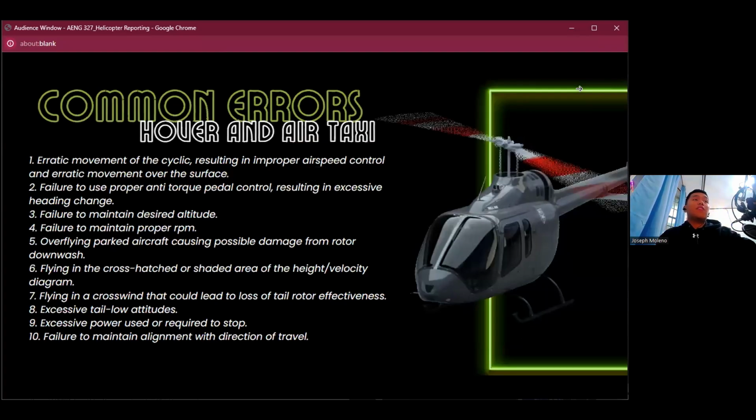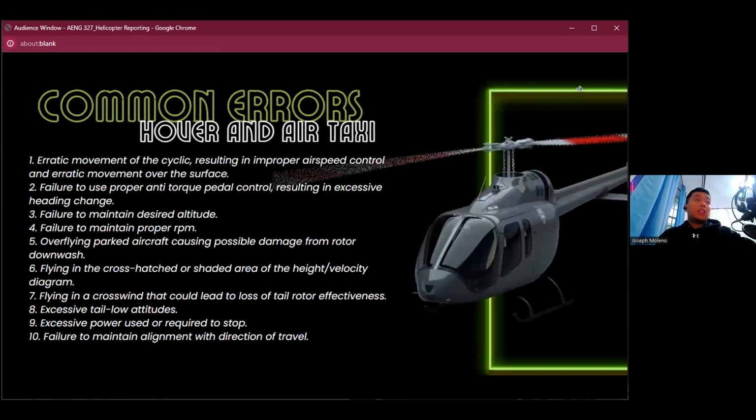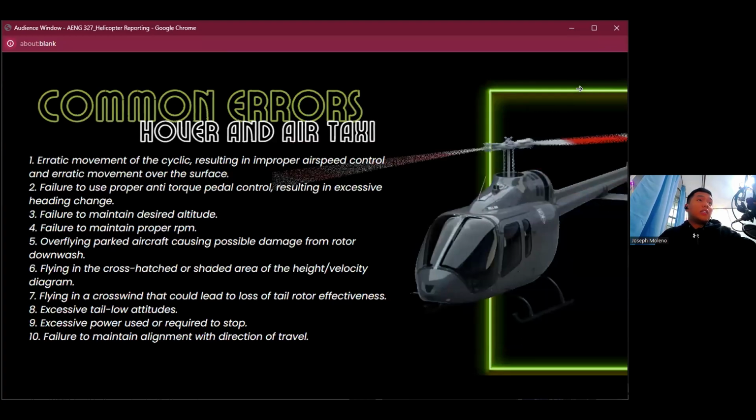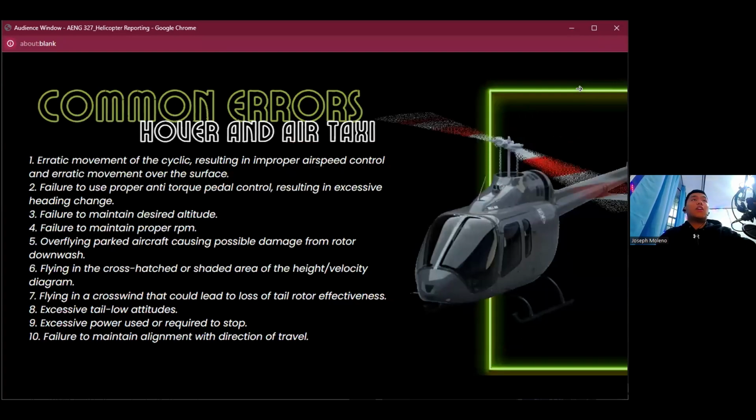Sixth is flying in the crosshatched or shaded area of the height velocity diagram. Seventh is flying in a crosswind that could lead to loss of tail rotor effectiveness. Eighth is excessive tail low attitudes. Ninth is excessive power used or required to stop. And the last one is failure to maintain alignment with direction of travel.